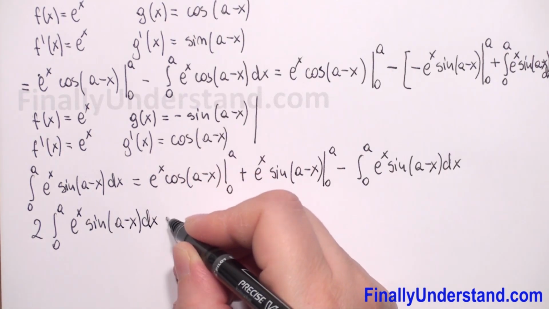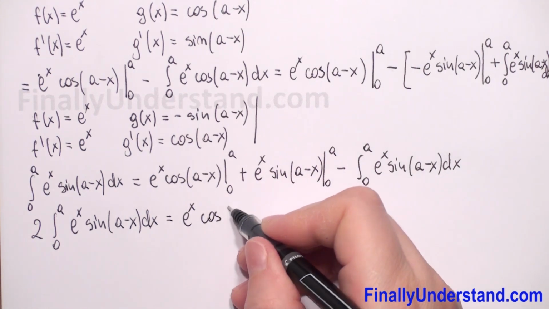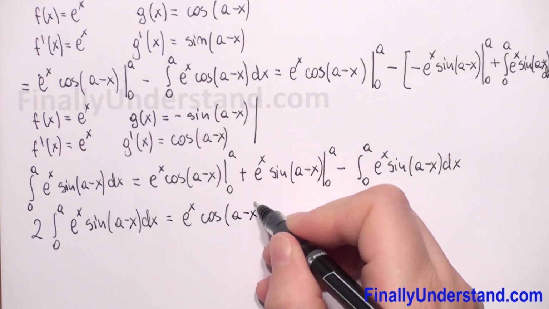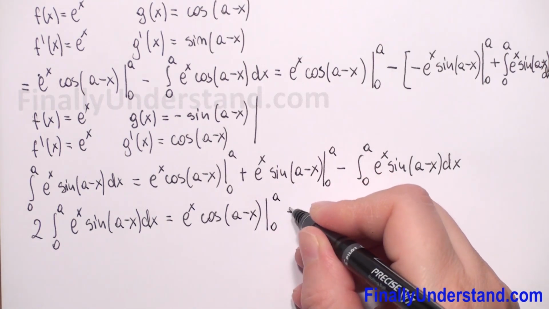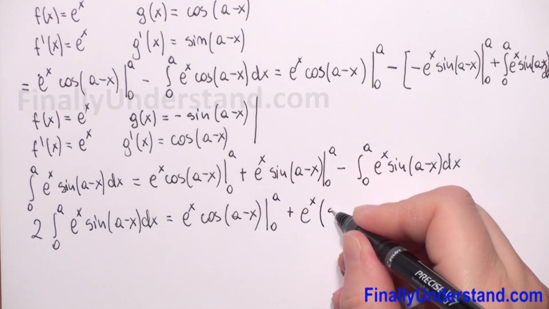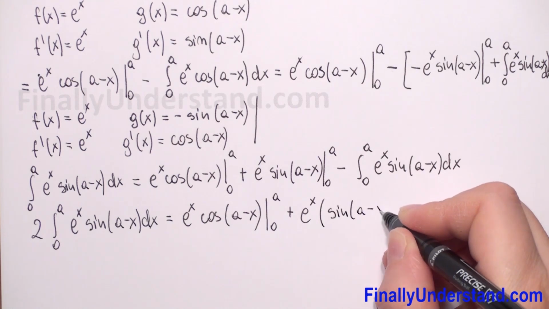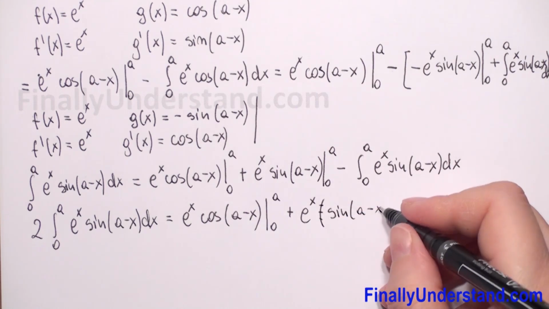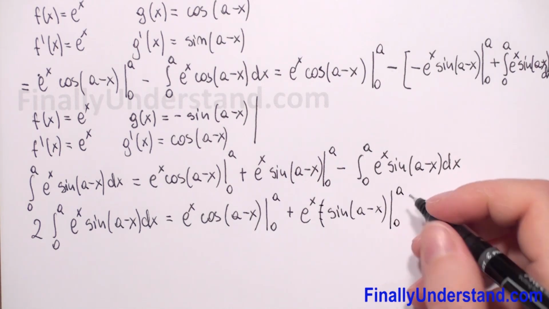with respect to x. This is equal to e to power x cosine of a minus x, limits from 0 to a, plus e to power x times sine of a minus x, we don't need this parenthesis, and limits from 0 to a.